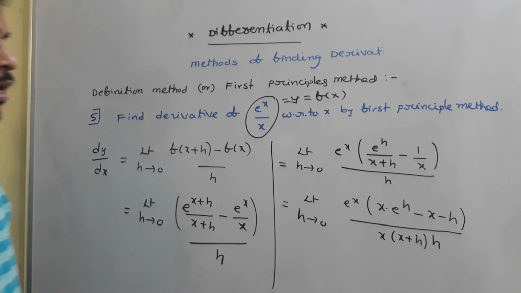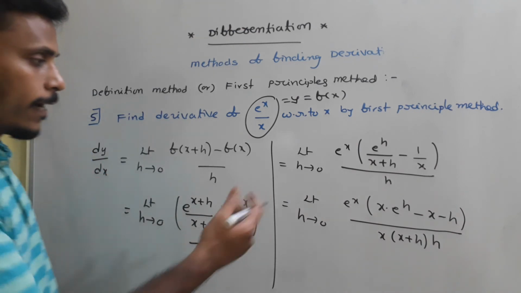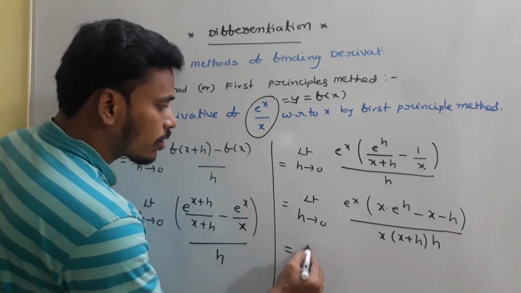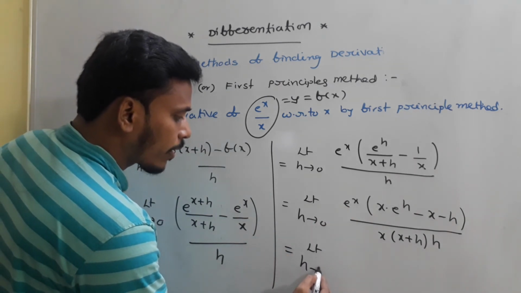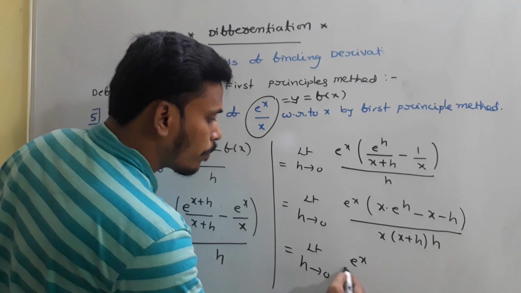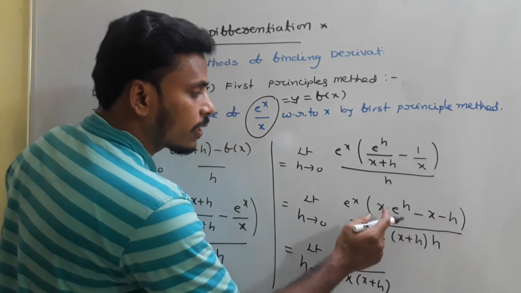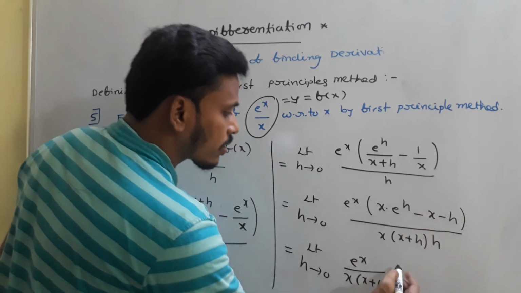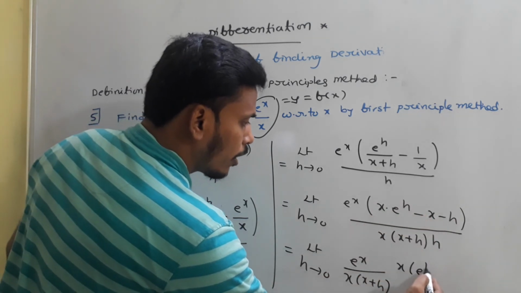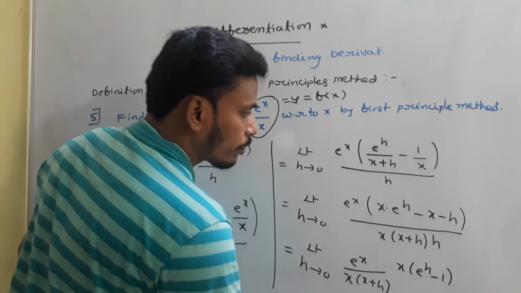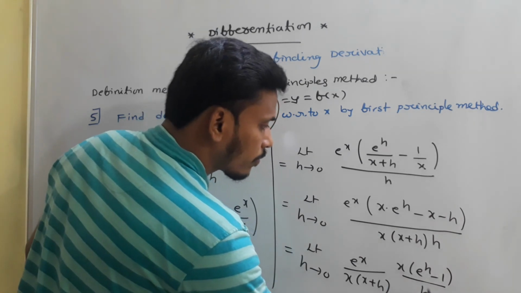As h is tending to 0, we need to find out the value of this. So this is equal to limit h tends to 0 of e power x by x into (x plus h), and here x e power h minus x, so x into (e power h minus 1) divided by h.